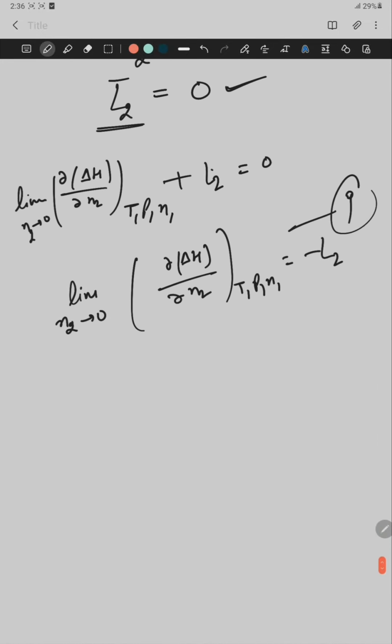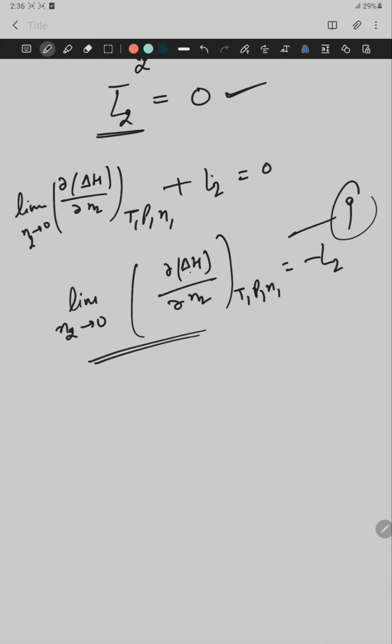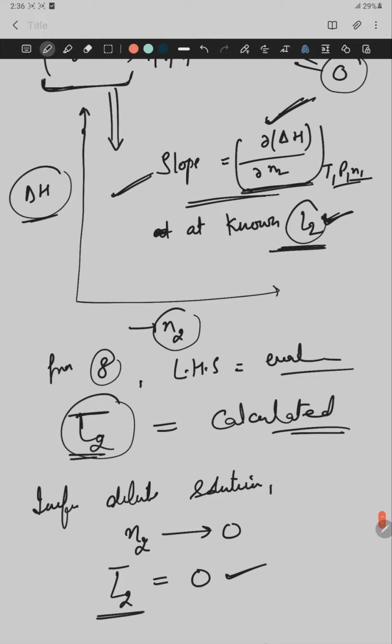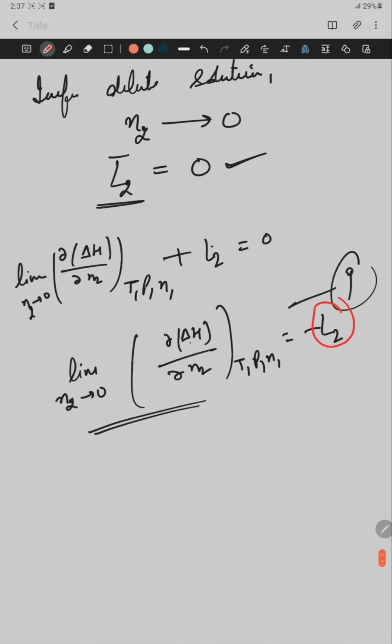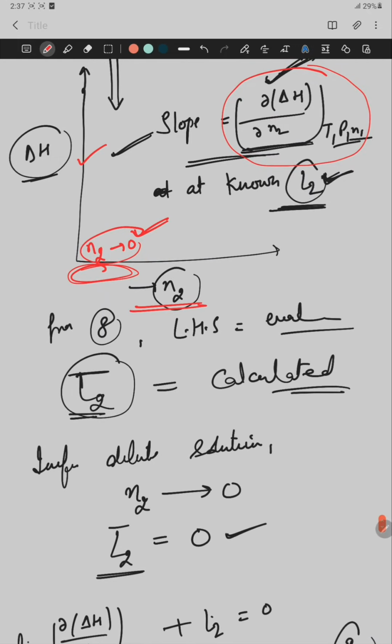Okay, so it means from the graph of delta H versus N2, when N2 approaches 0, when we take the lower limit, whatever the value of this slope is when N2 approaches 0, that will give us the value of L2. So if the L2 value is not already known to us, then we can easily calculate it from this graph by considering N2 tends to 0.